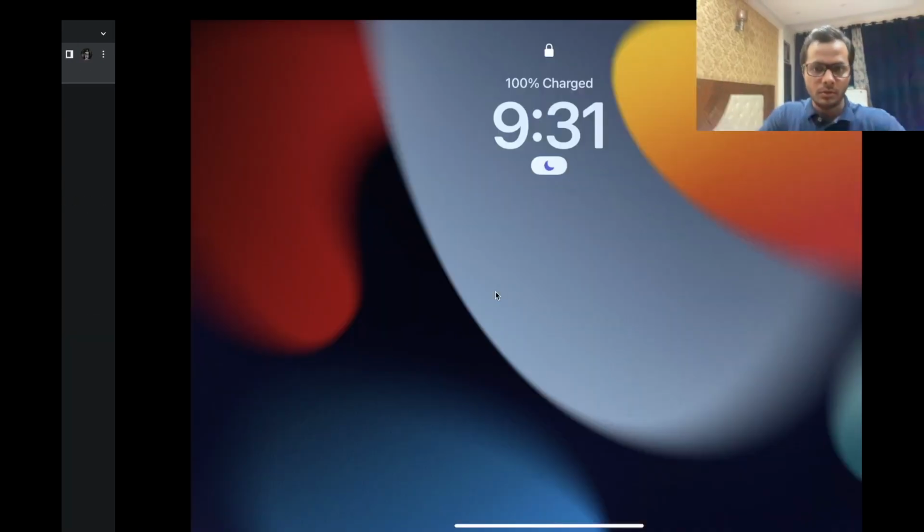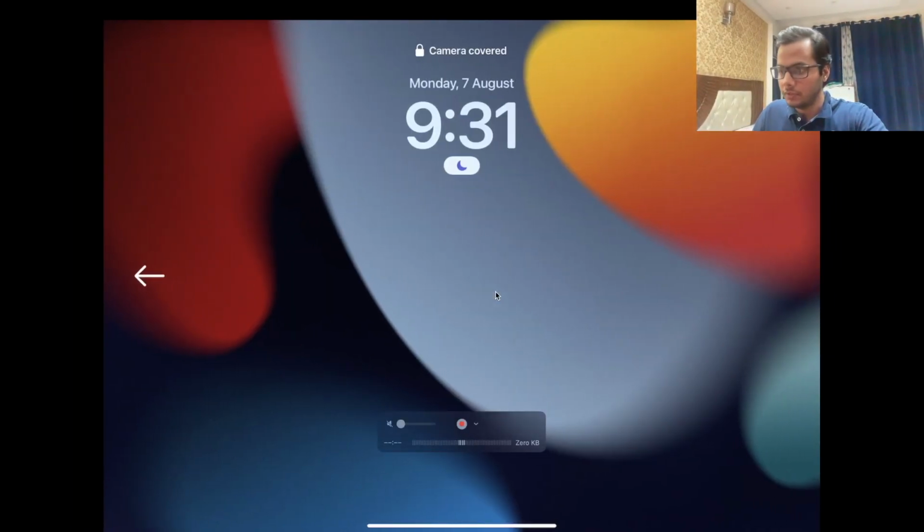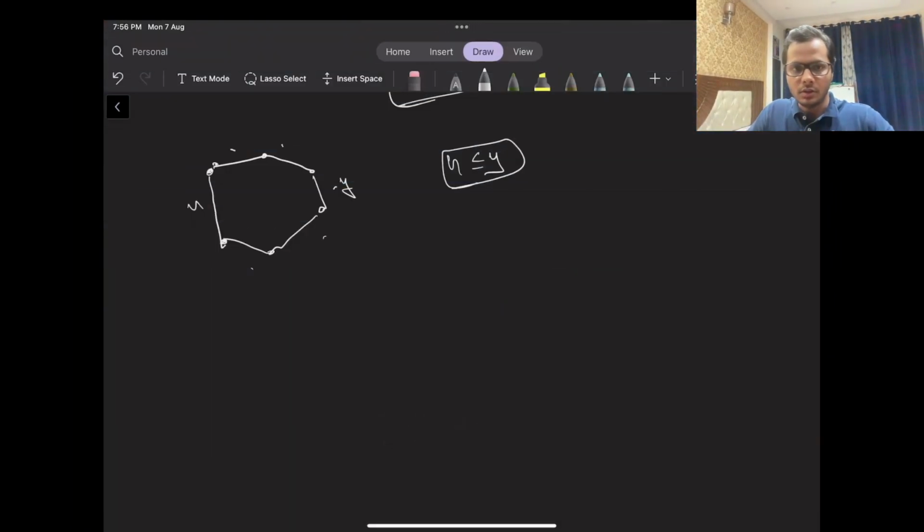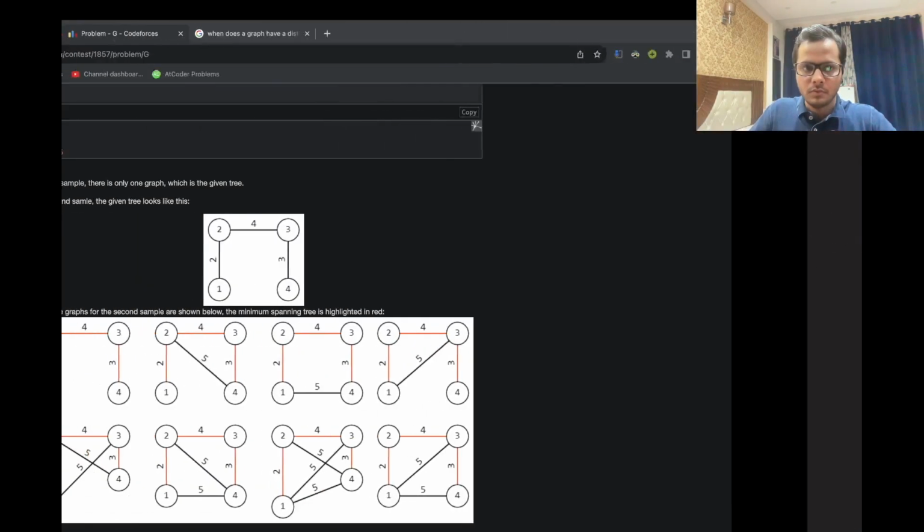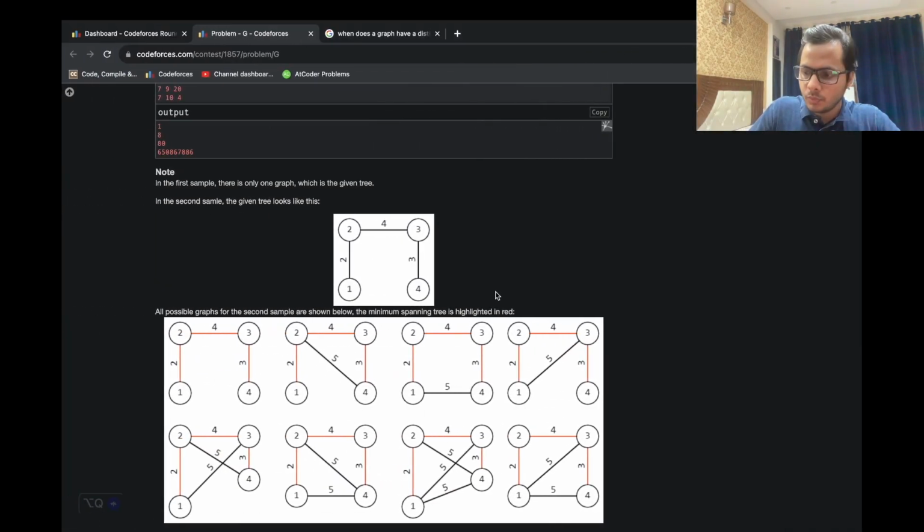Let's write it down. So this graph essentially, between 1 and 2 we have no options. Between 1 and 3 we can either add an edge of length 5 or we can add no edge.